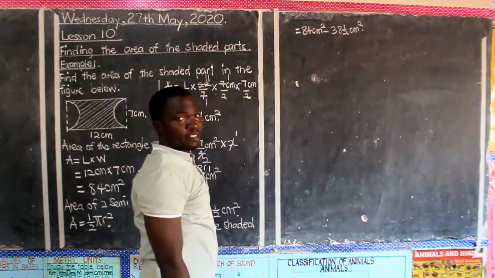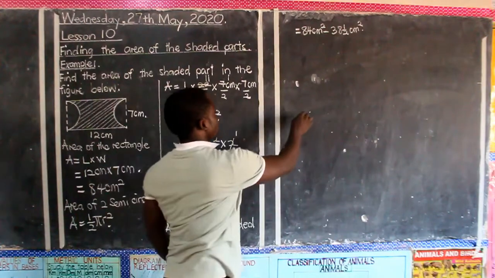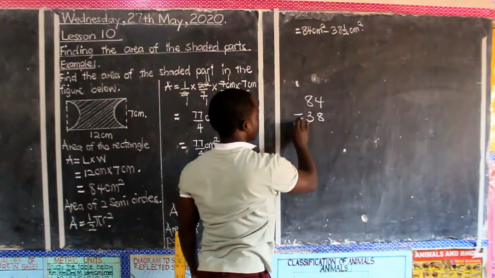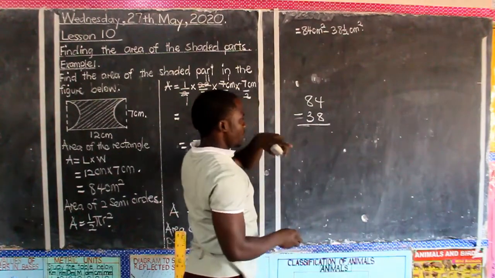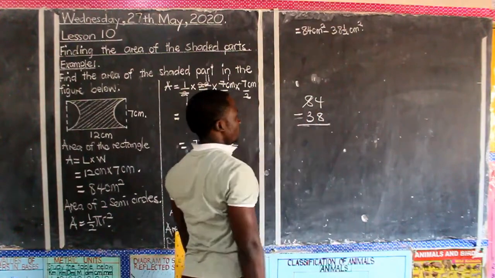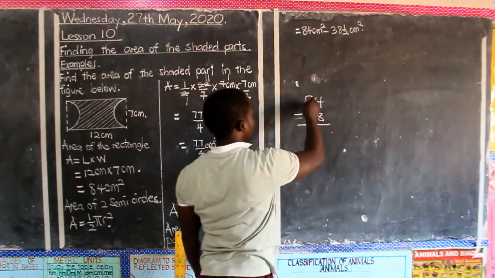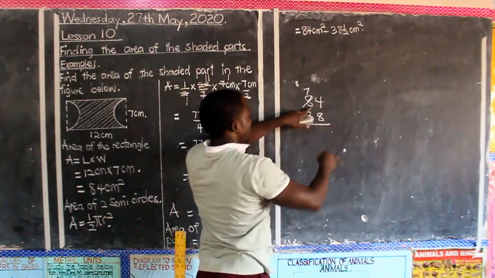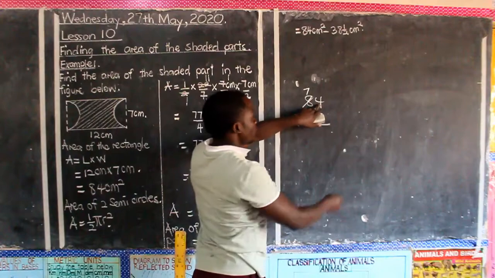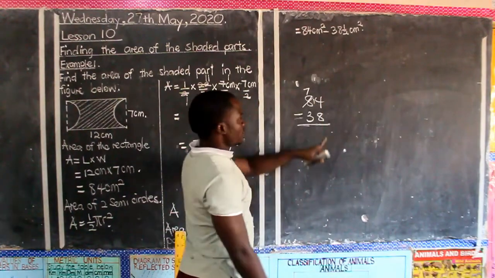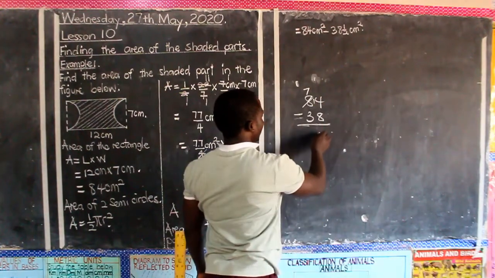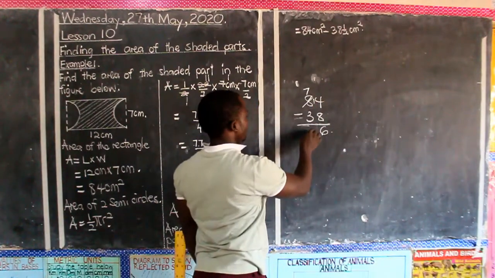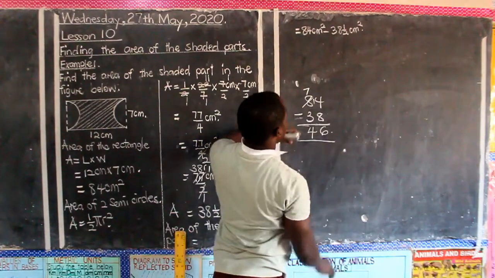So how do we subtract there? First subtract the whole numbers. We shall have 84 minus 38. 4 minus 8, impossible. We shall borrow 10 from 8 and remain with 7. 10 plus 4, we shall have 14. 14 minus 8, we shall have 6. 7 minus 3, we shall have 4.